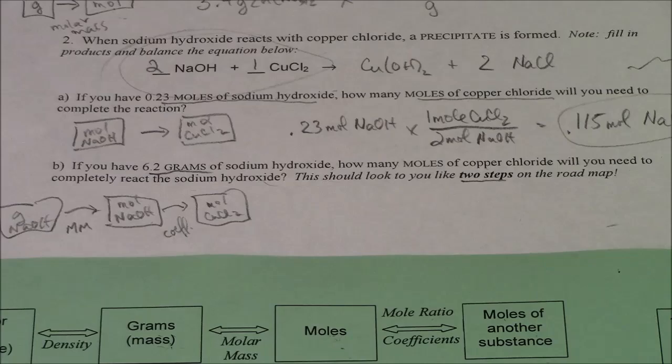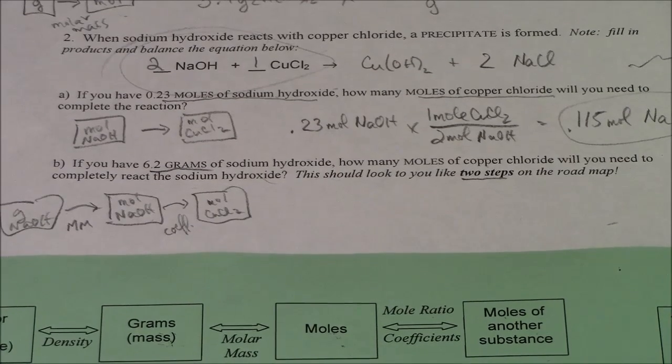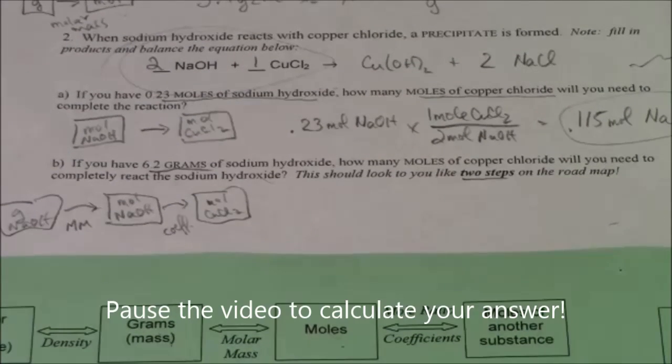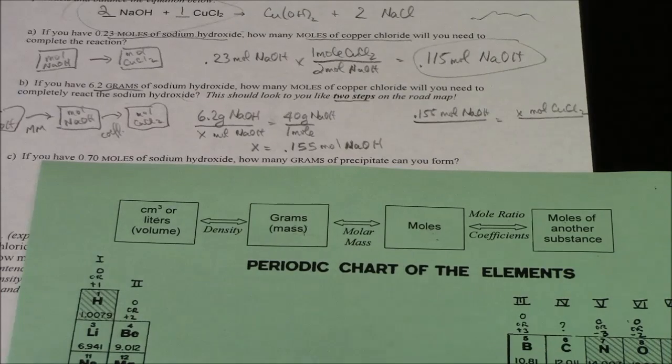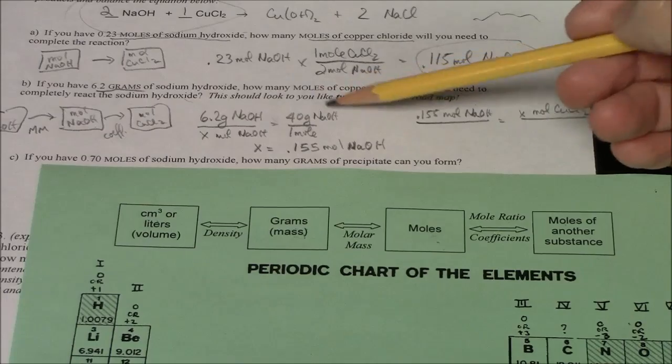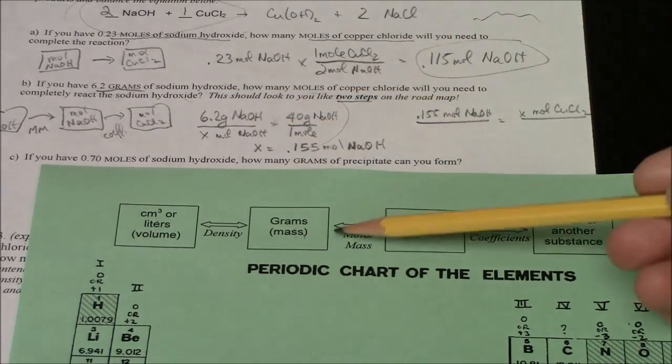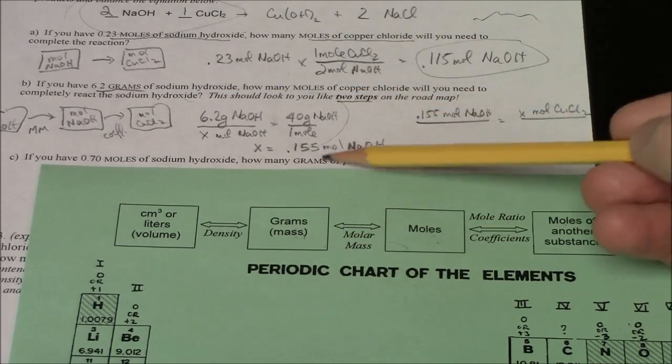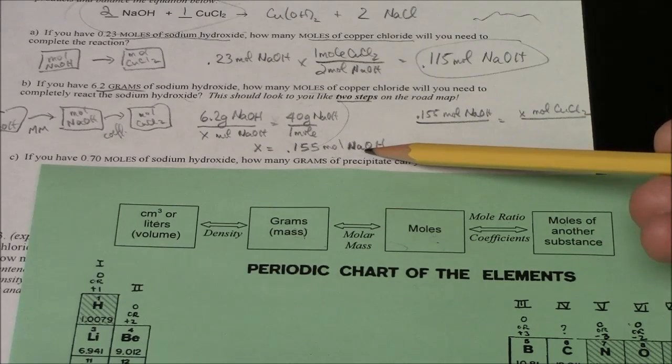You can try to solve the problem, and I'll show you my answer. In my first step, I'm using the molar mass here to get from grams of NaOH to moles of NaOH. That's how many moles of NaOH are present.